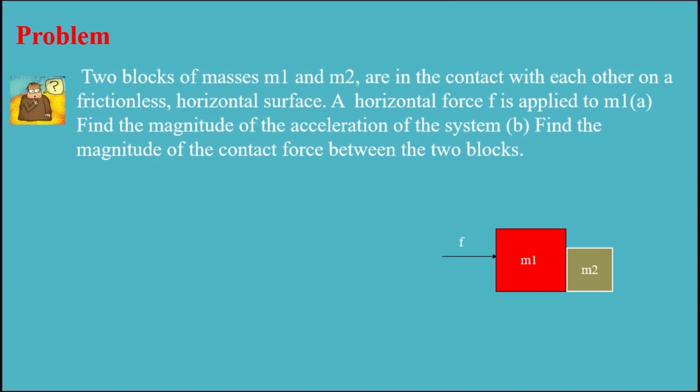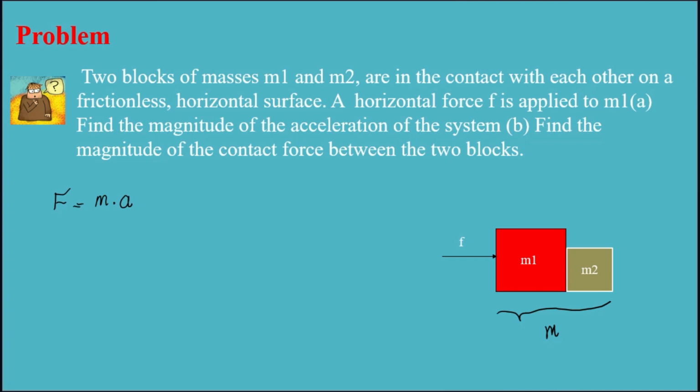For the first part, I need to find the magnitude of the acceleration of the system. The trick here is to assume m1 and m2 are one block, so let's consider it as m. Now let me write down Newton's second law. Based on Newton's second law, F total equals m times a.